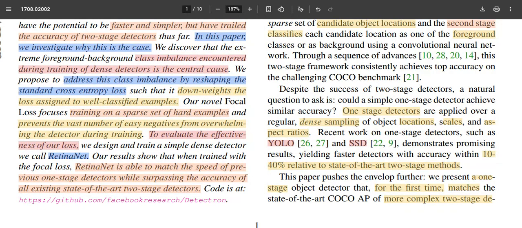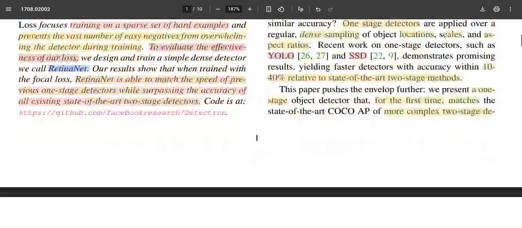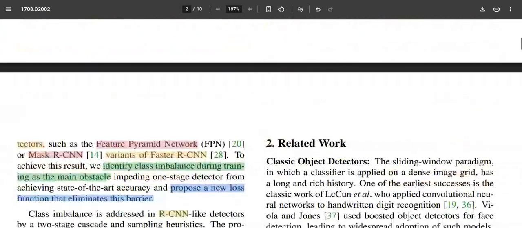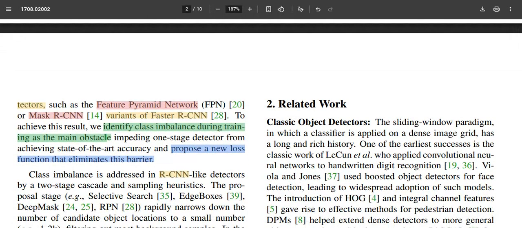However, despite being very fast in real time, it couldn't compete on accuracy with two-stage networks like RCNN or Fast RCNN. One of the reasons is class imbalance.